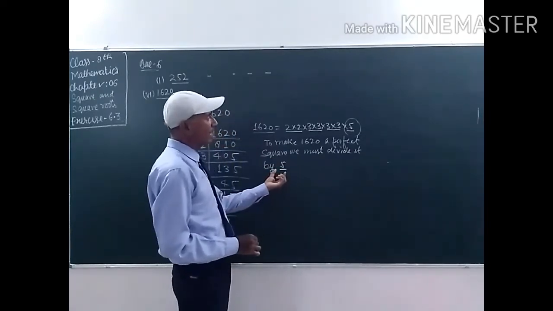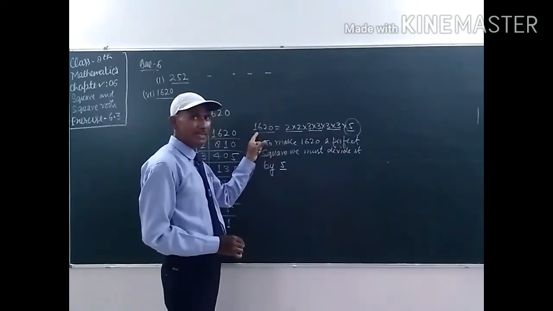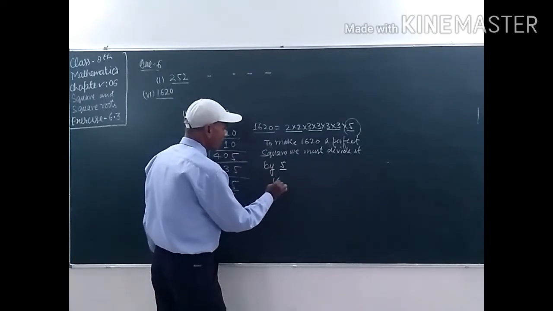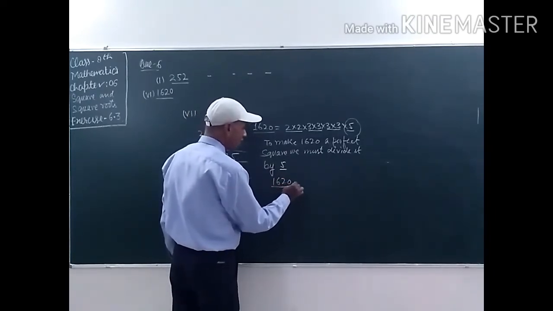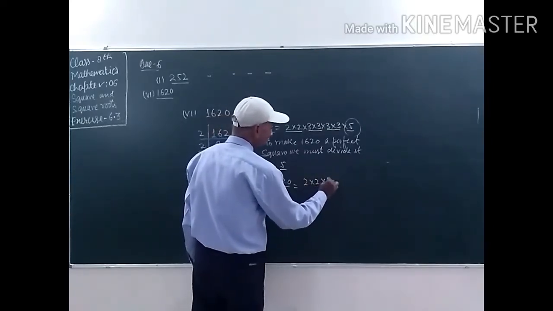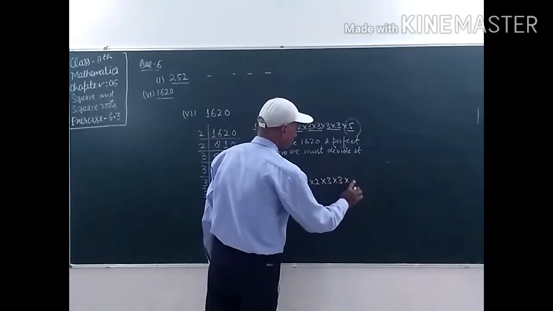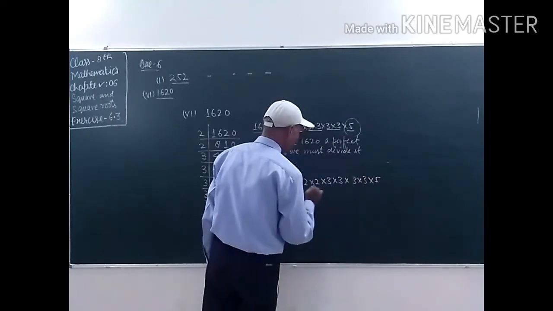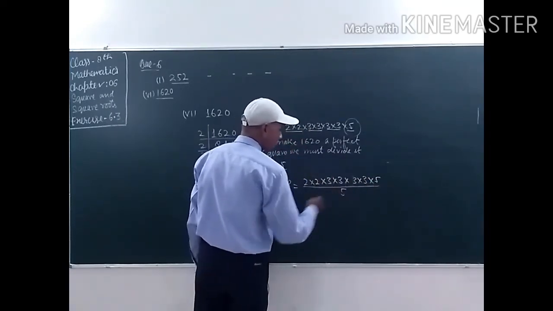So 5 is the least required number by which we have to divide it to make it a perfect square. Now 1620 divided by 5 is equal to 2 into 2 into 3 into 3 into 3 into 3 into 5, and we have to divide the factors of this number by 5 also.